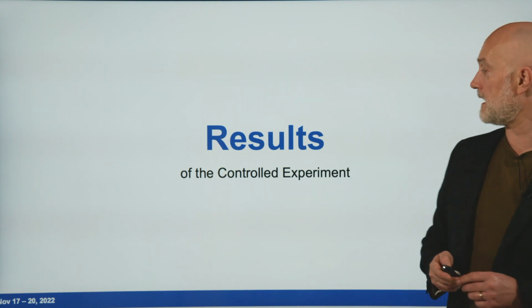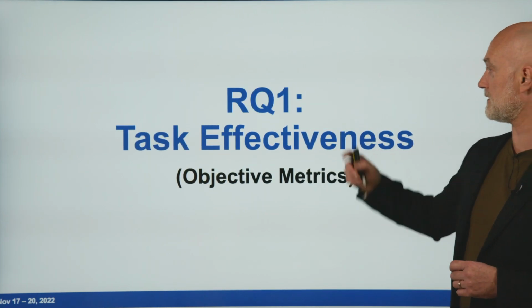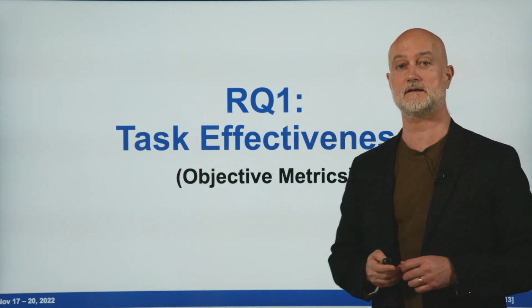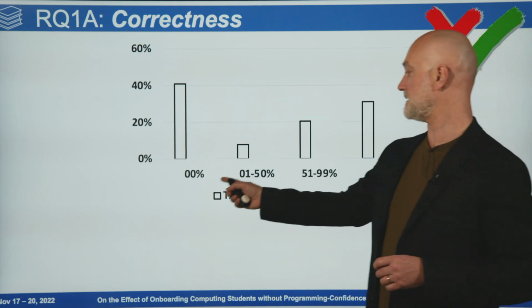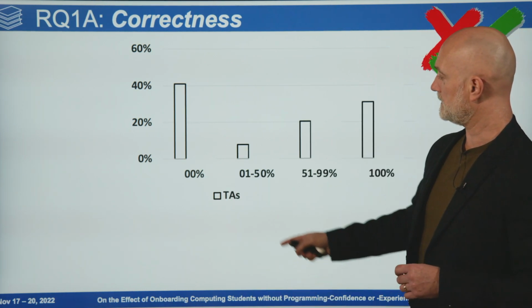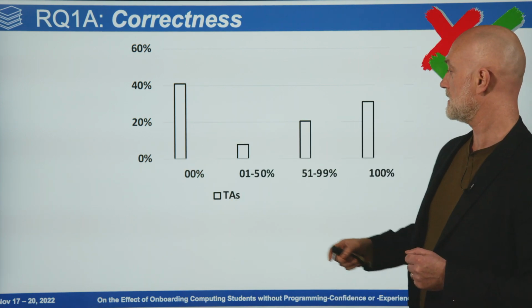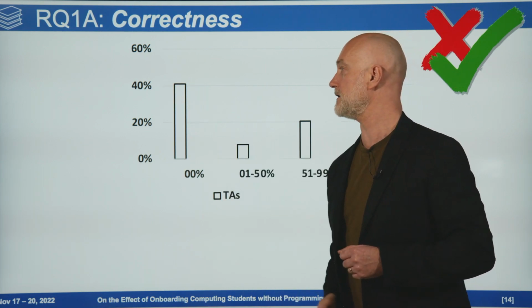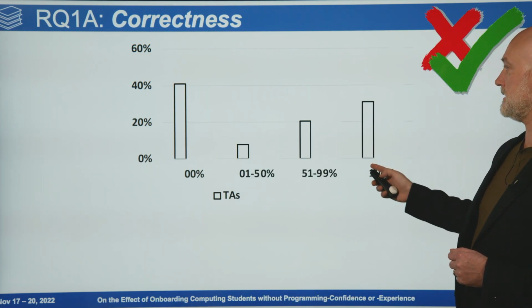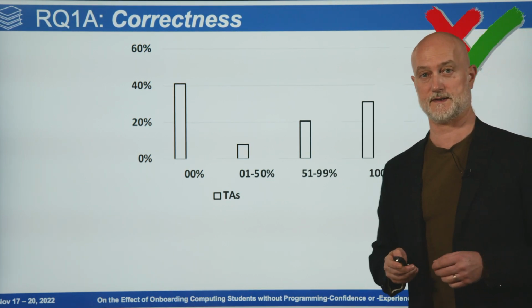If we look at the results of our controlled experiment, first we look at the results for RQ1, so in terms of objective task effectiveness. If we look here at the TAs condition, we see that this number represents the relative number of students scoring 0, about 40%, and over here on the other end of the spectrum we see about 1/3 of the students scoring 100% on the test.